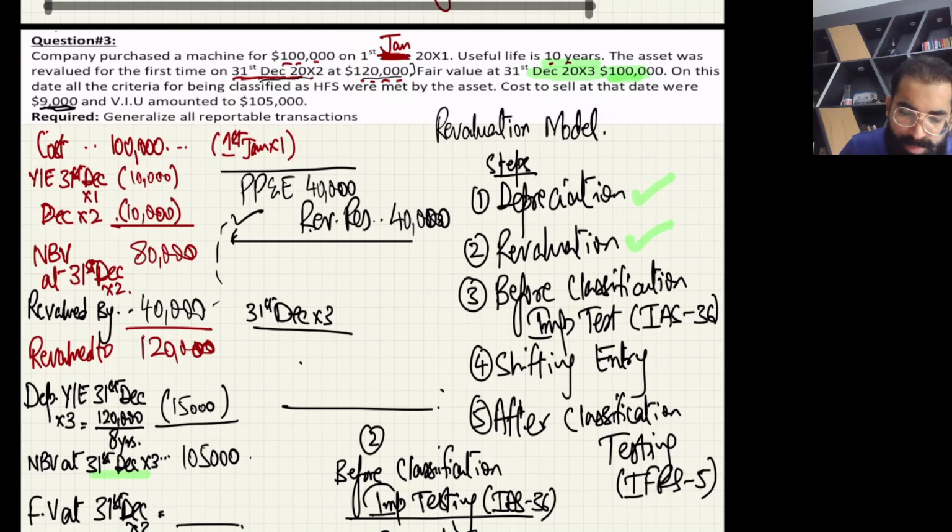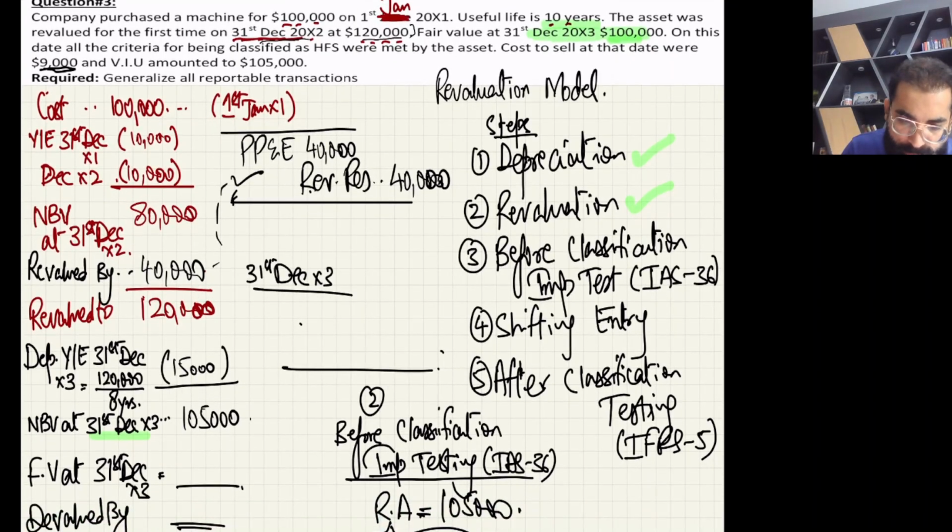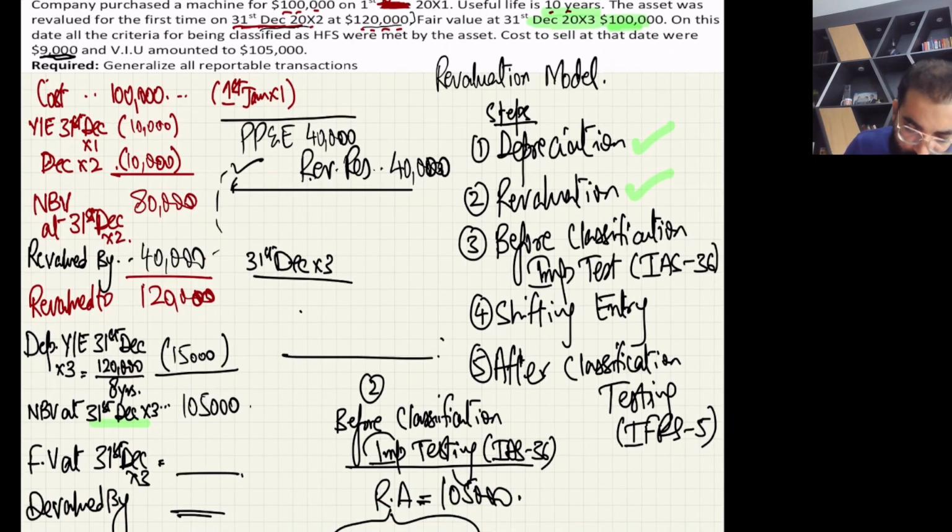So let's revalue it. NBV was 105 and the fair value is 100. So it is devalued by 5,000.